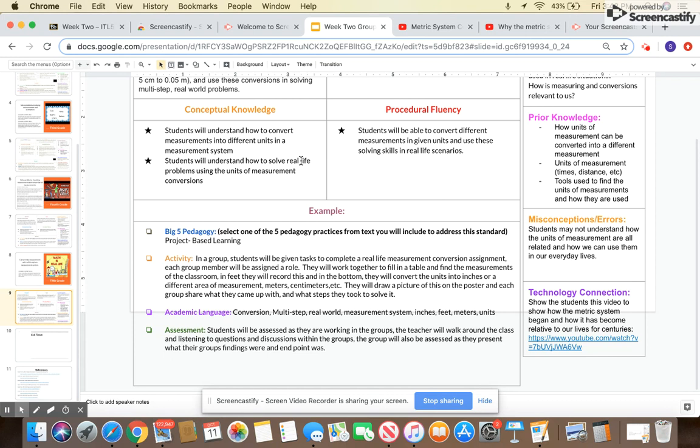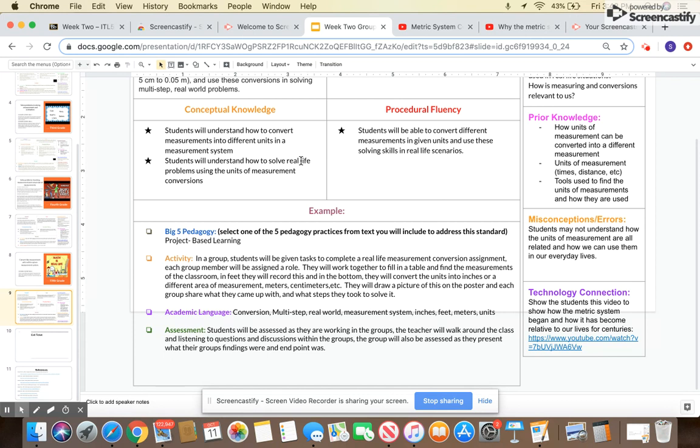And then drawing a poster to represent this, but converting it into a different unit of measurement. So if you measure the classroom, let's say in feet, then converting it into inches or centimeters on a paper to represent it. This would be great and get the students to really understand how it could be used in real life scenarios and situations.